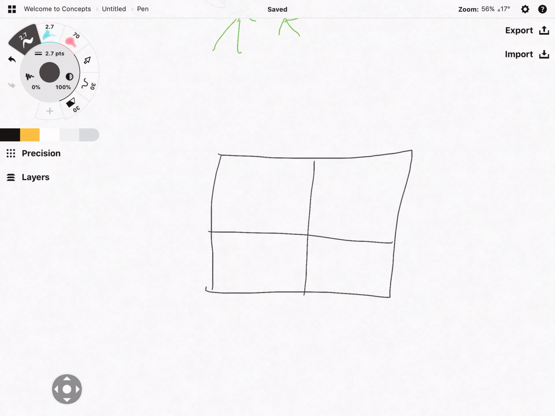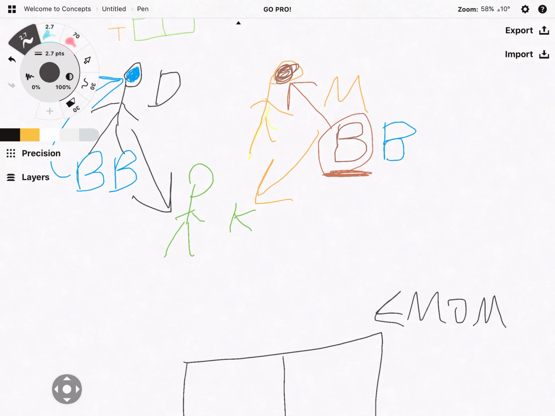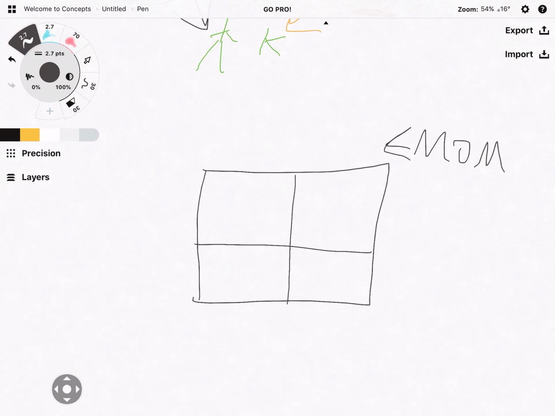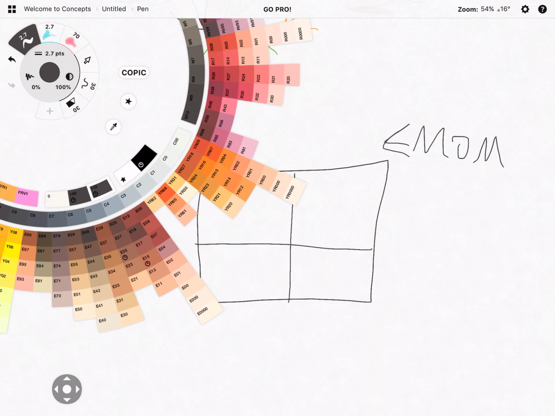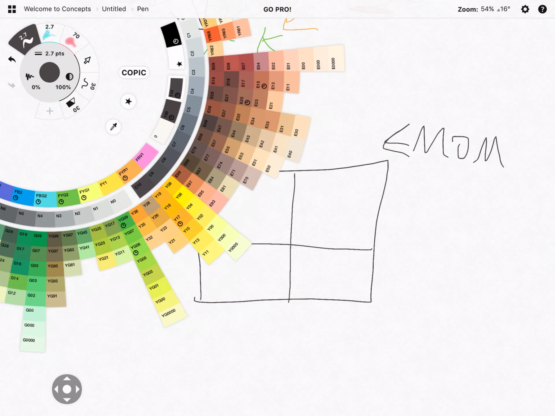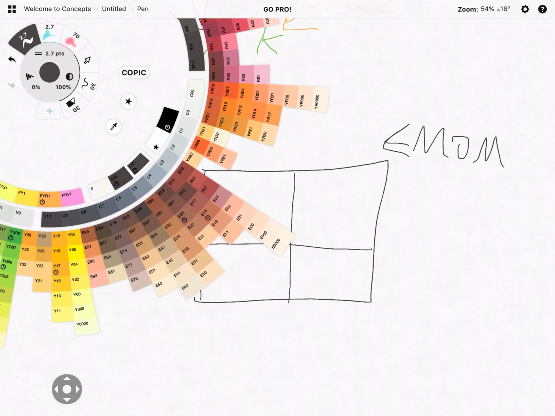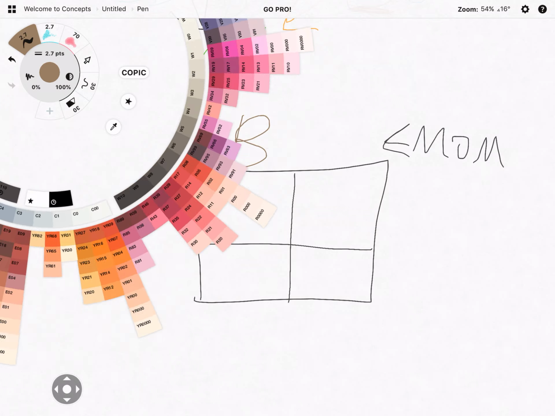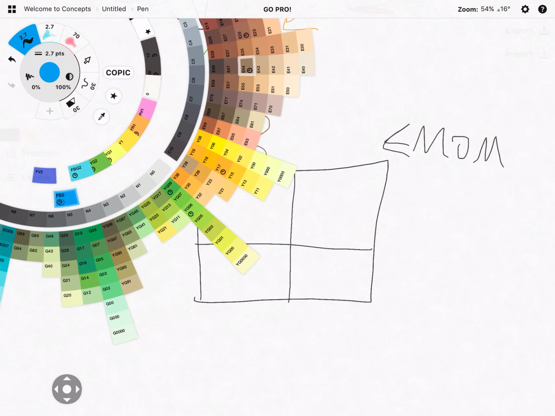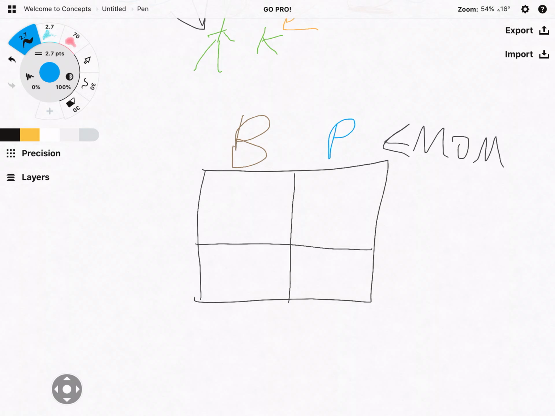Up here, we can say what the mom gives. So if we look back up, remember the mom had one brown and one blue. So she had a brown. So the mom could give a brown gene to her kid, or she could give a blue.